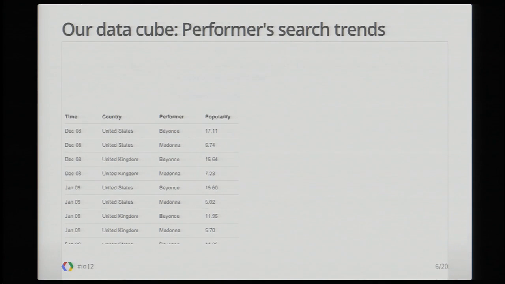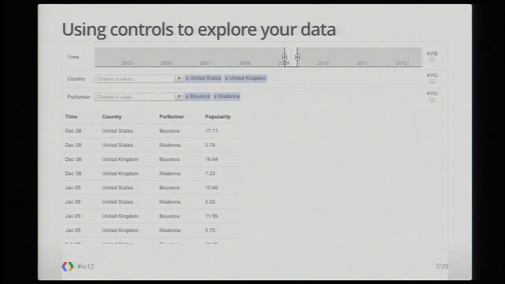So to be able to see parts of this data, we will need some sort of a way to slice and dice this data, or limit ourselves to viewing only parts of that data. What we have here are controls. The first control will allow us to focus on a specific period of time.